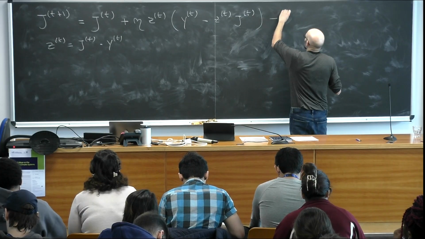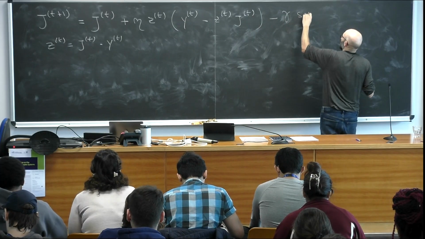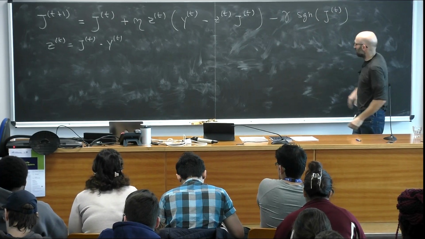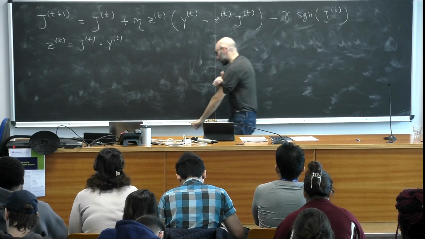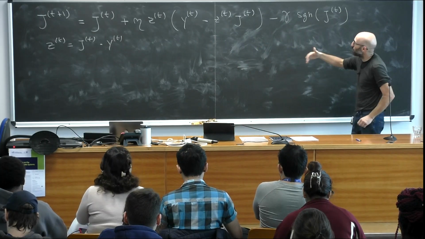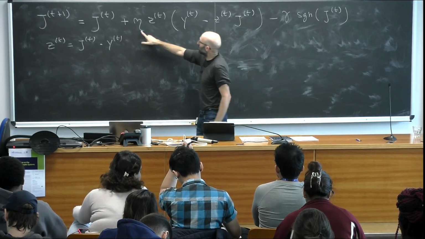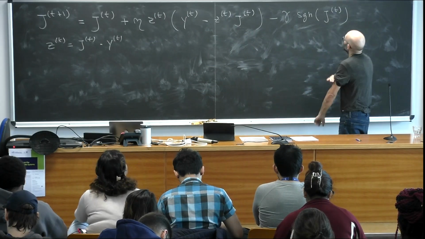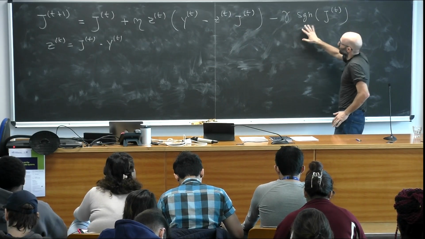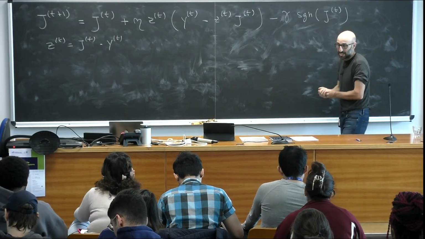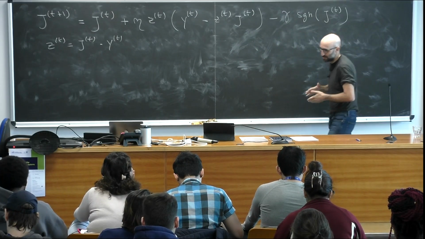And if you want, you can add a regularization. Without regularization, this will converge to the principal component if eta is small enough and you wait long enough. And with regularization, you are going to converge to something sparse. And so if your principal component is sparse, you can get rid of some noise. Okay?